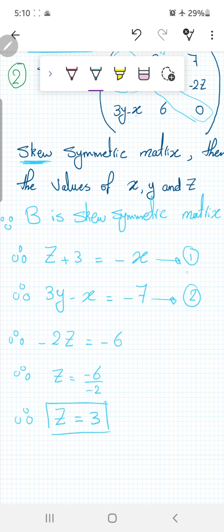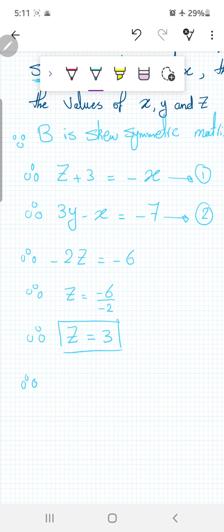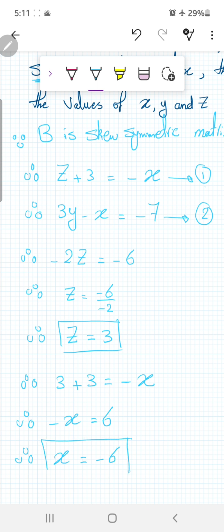By substitution in 1 to get the value of x: 3 plus 3 equals negative x. Sorry, here z plus 3 equals negative x, so negative x equals 6. So x equals 6 divided by negative 1, which is negative 6.